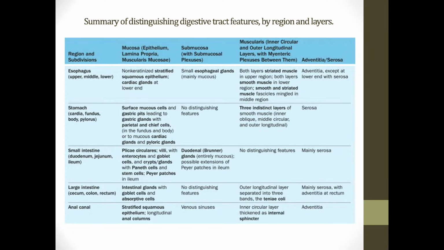The mucosa has non-keratinized stratified squamous epithelium. And do you remember the cardiac glands? Where is the transition? The zone from the esophagus to the cardia, the small part of the stomach, has cardiac glands.